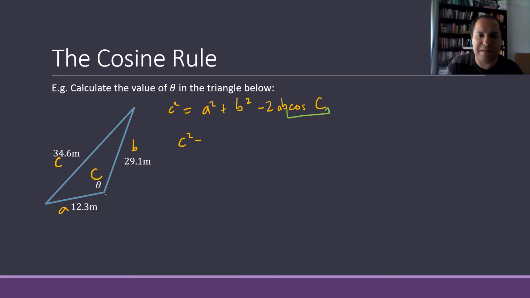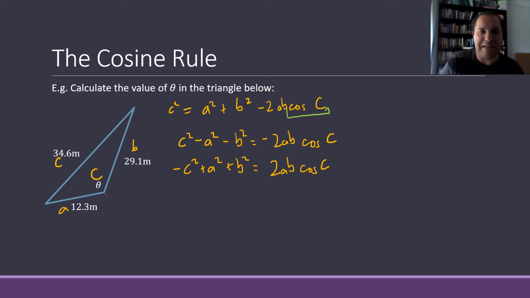So c squared minus a squared minus b squared equals negative 2ab cos C. Now I don't really like this negative here, so I'm just going to divide everything by negative 1. So that'll be negative c squared plus a squared plus b squared equals 2ab cos C. I'm just going to rearrange that left-hand side. So the positive terms are first, a squared plus b squared minus c squared.